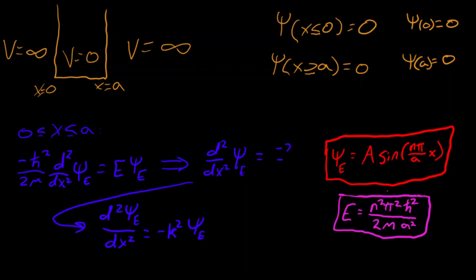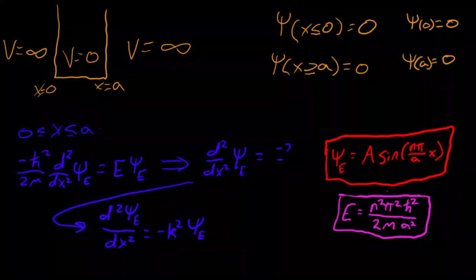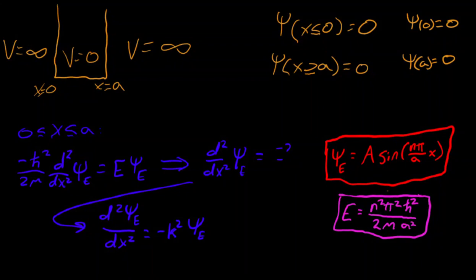So we have solved the Schrodinger equation. We've gotten the wave function that corresponds to a definite energy, and they are these sine waves. We'll get back to what that means in a minute.